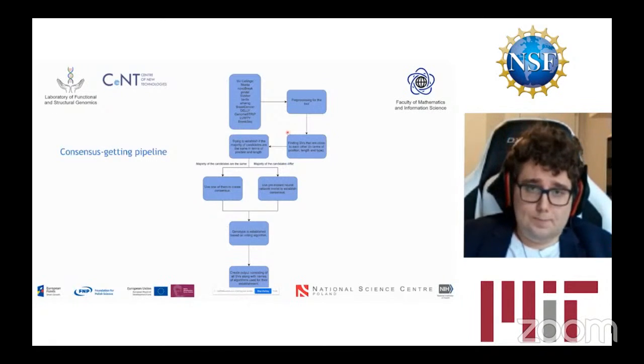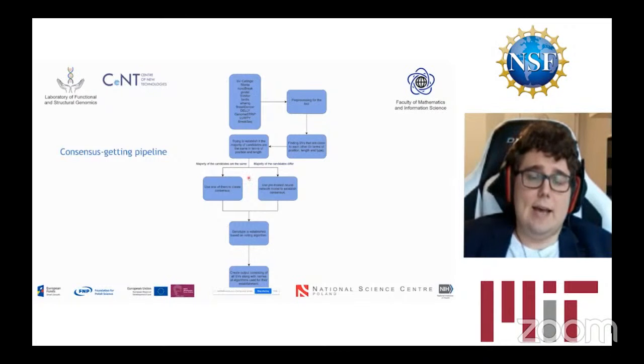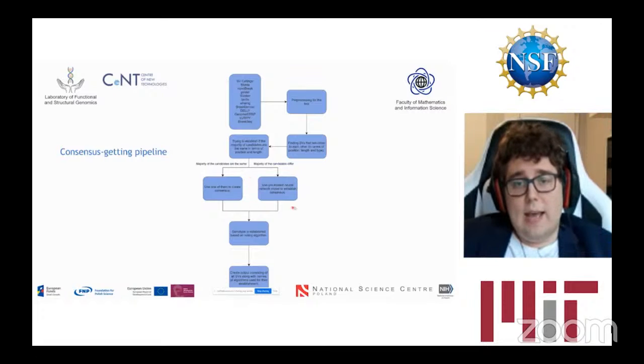If the majority of those candidates, for example 4 of 5, are exactly the same, then we simply use one of them to create the consensus, because it makes sense in that case. However, if the majority of the candidates differ in position and length, we use our pre-trained neural network model to establish the consensus.